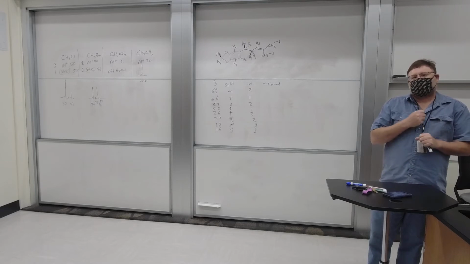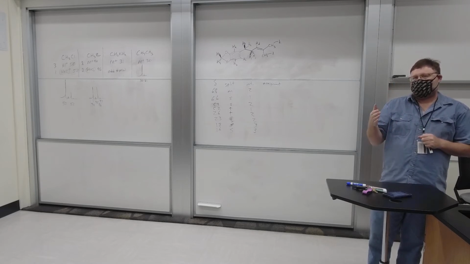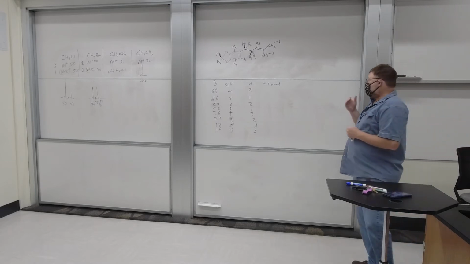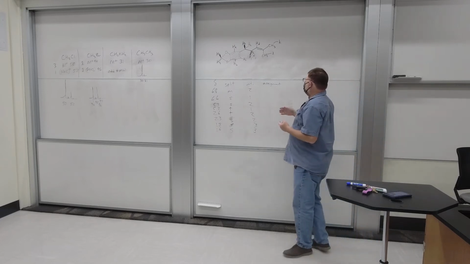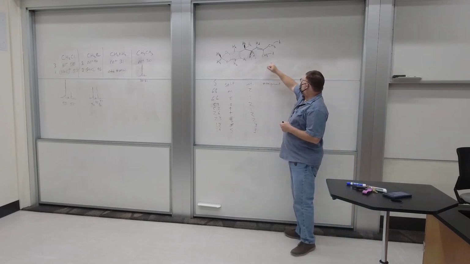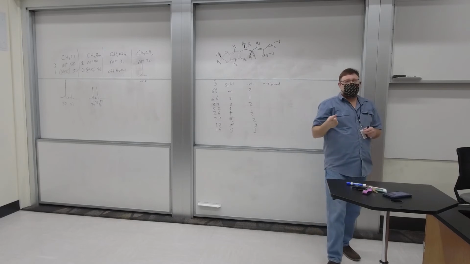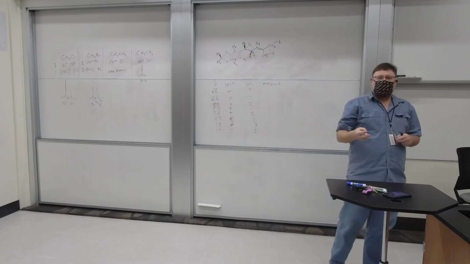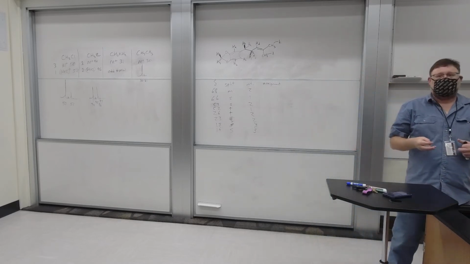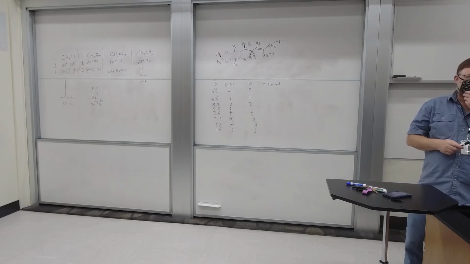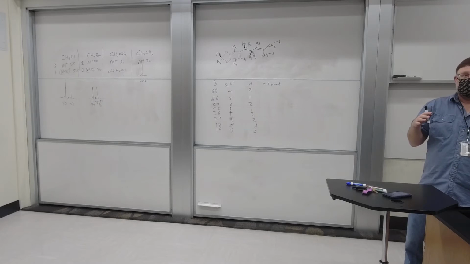So in making these assignments, you want to use chemical shift, right? Everything has to fit the proton. If I'm going to say that this thing at 6.8 is L, then the chemical shift has to fit, the splitting has to fit, the integration has to fit. There's a lot of information there to take in, right? But this is kind of classic scientific method. If there's a piece of data that doesn't fit, something's wrong.